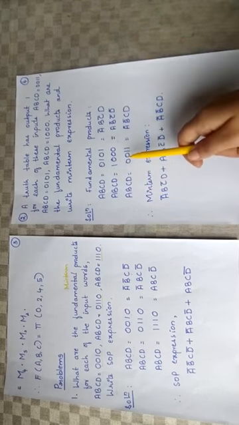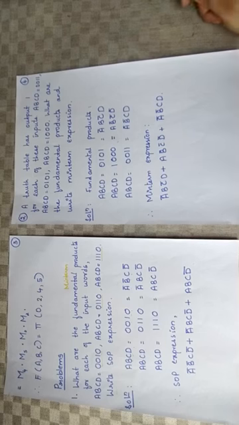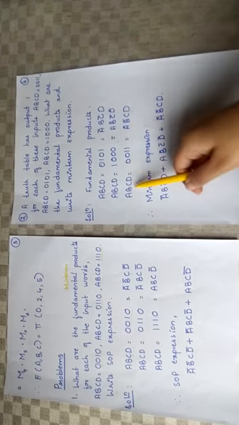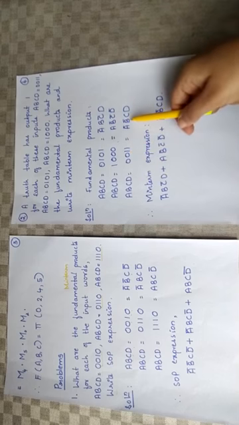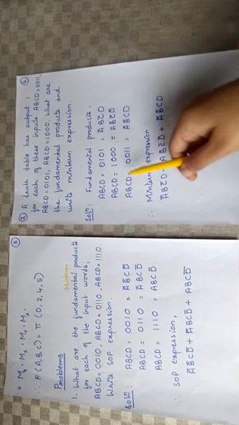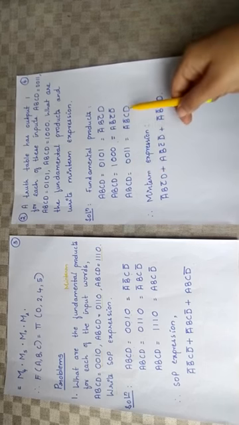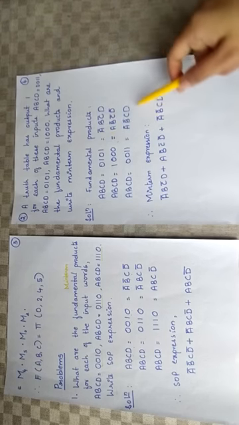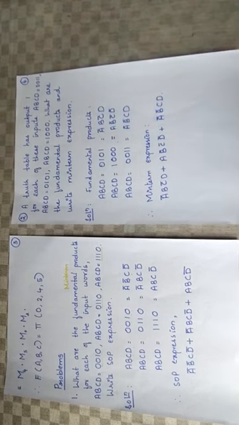Then we have A, B, C, D, 0, 0, 1, 1. Okay. So now A is holding 0, so it will be A complement. B is holding 0, it is going to be B complement. C is holding 1, it will be C as it is. D is holding 1, it will be D as it is. Okay. So now we have got here the 3 minterms or the fundamental products.